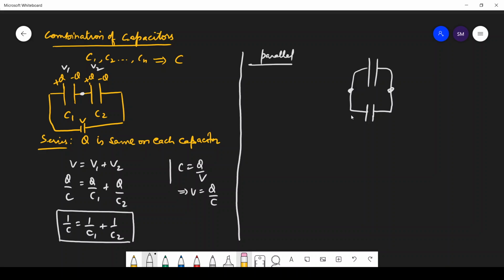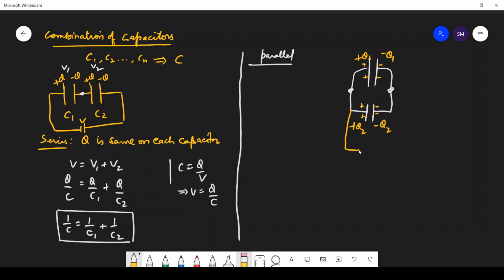Okay, so here let us see the difference. Here the charge was Q, but here the charge is plus Q1 on this plate and minus Q1 on this plate. On this plate the charge will be plus Q2, and on this plate minus Q2.